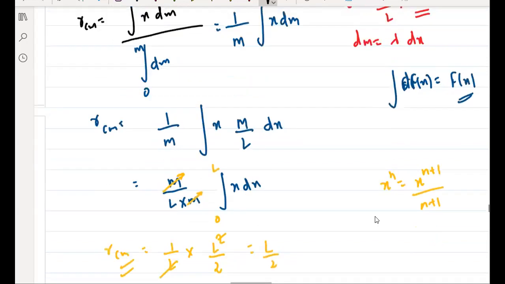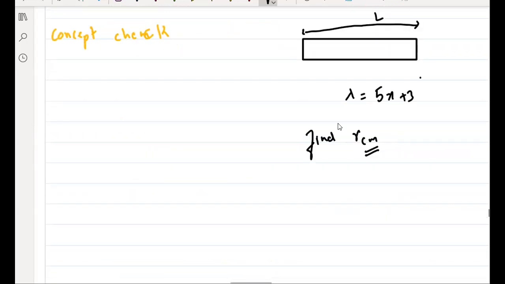So here lambda is not constant. Try to solve this problem. I will give you 1 minute, step by step. Everyone try to find it by yourself. Start with the formula: RCM is equal to integration of x dm by integration of dm.